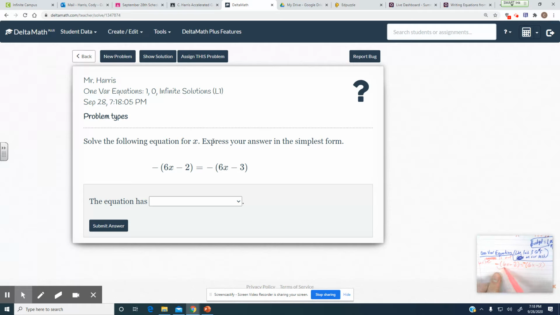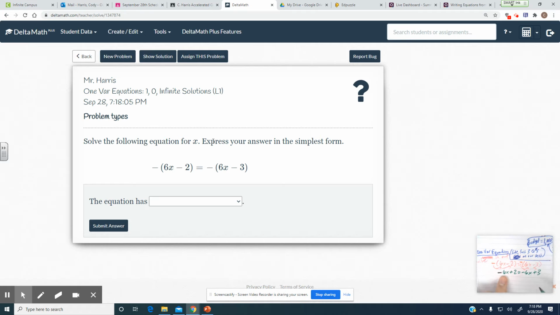Remember, we want to distribute. We distribute that negative, so that gives you negative 6x, negative times a negative 2 is a positive 2, equals negative times 6x is negative 6x. Negative times negative 3 is positive 3.